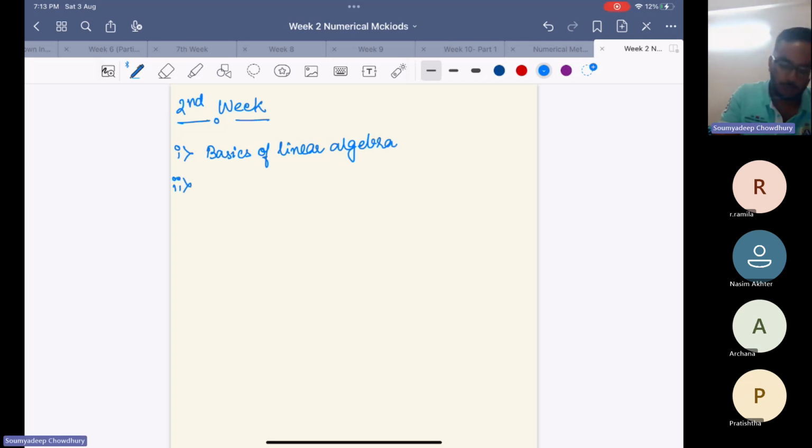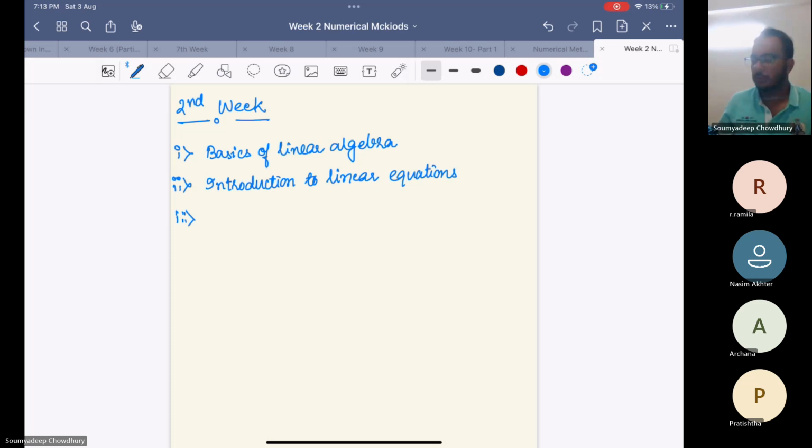Then we will go to introduction to linear equations. Then we will see rank of a matrix and how to find the solution of a linear equation from the rank of a matrix.